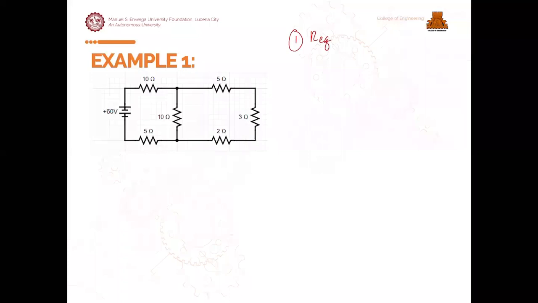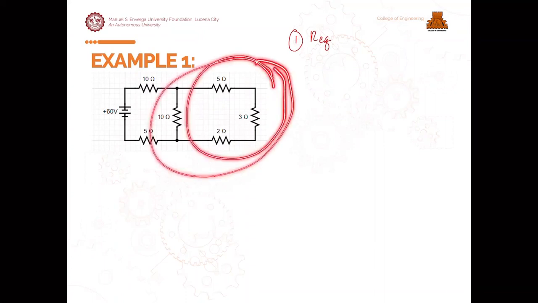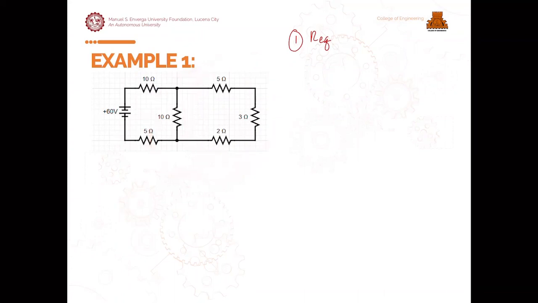So starting from the rightmost part ng circuit natin, kailangan i-convert natin siya into a simple, or kunin natin yung equivalent resistor niya kung halimbawa in series siya, then hanggang makapunta tayo dun sa isang malapit dun sa battery sa case natin.